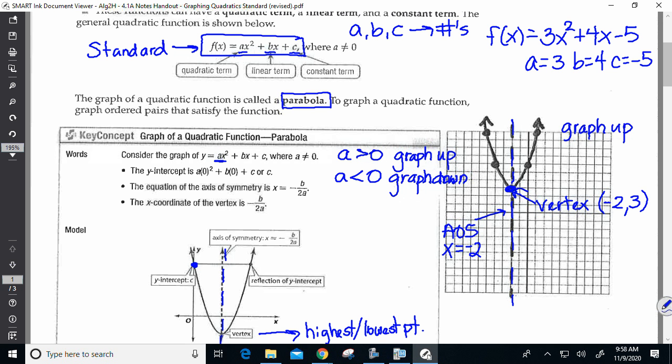The axis of symmetry, I drew it as a dotted line. I don't care what kind of line you use for that. Dotted or solid doesn't make a difference. But also notice that the axis of symmetry is also the x value of the vertex. So the axis of symmetry should always go through the vertex.